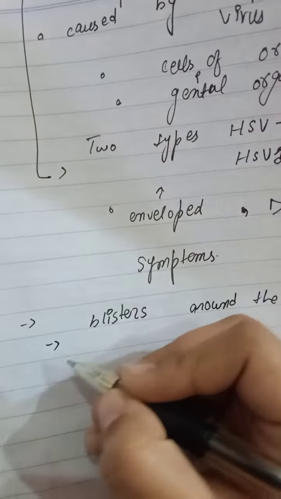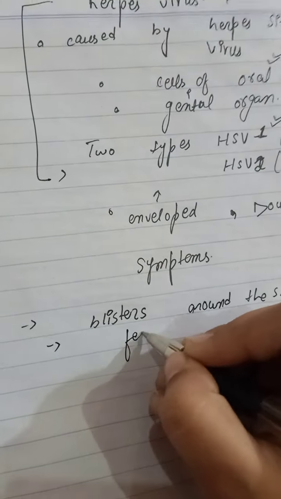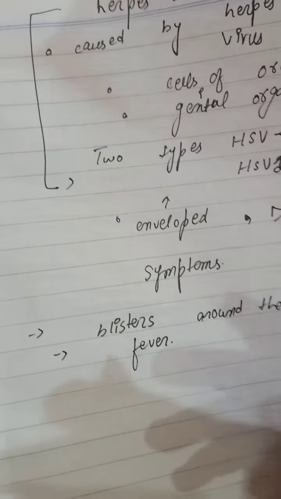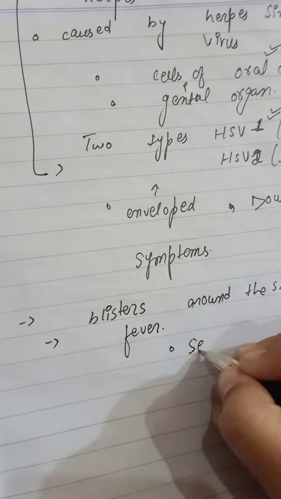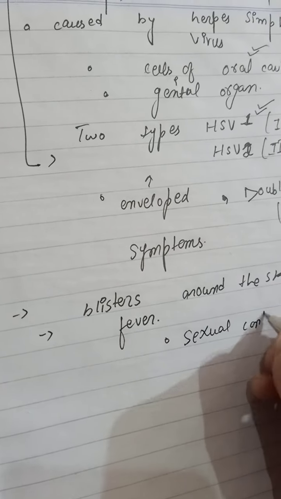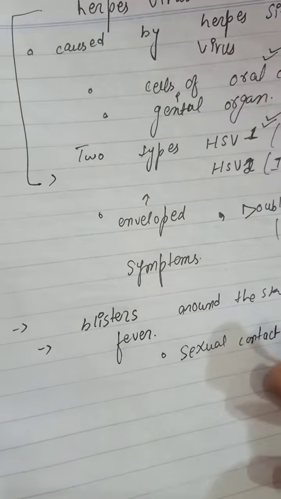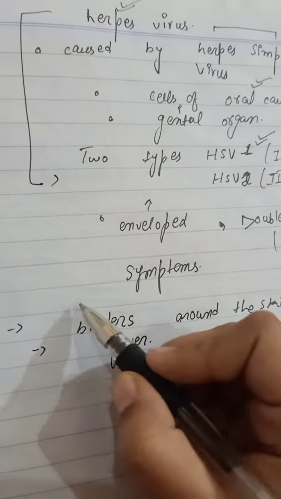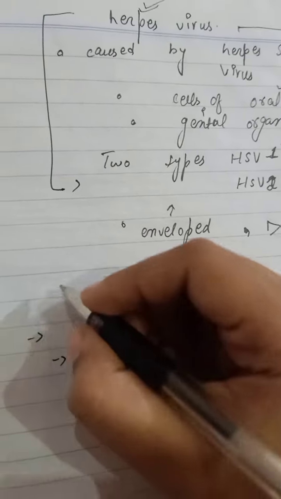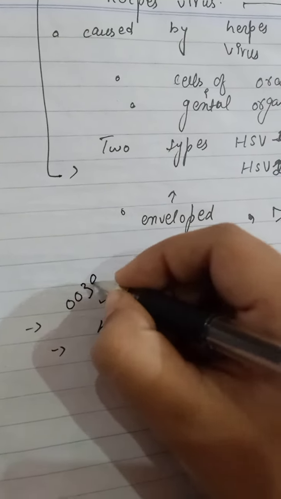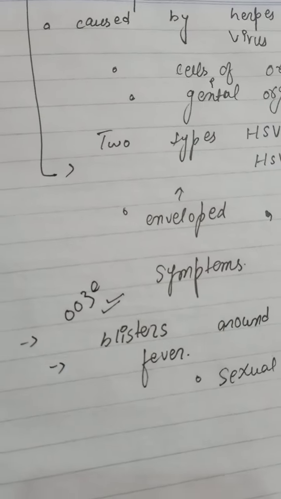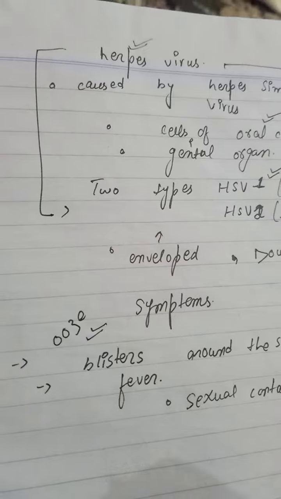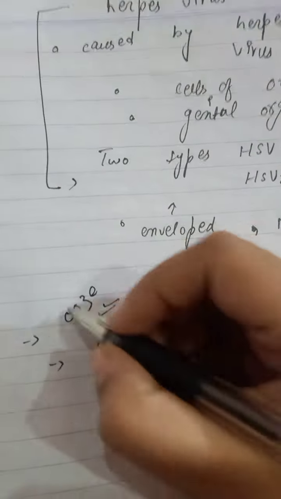Fever can also be a symptom, as well as sexual contact between male and female. The fluid of the blister is called ooze, or sore.